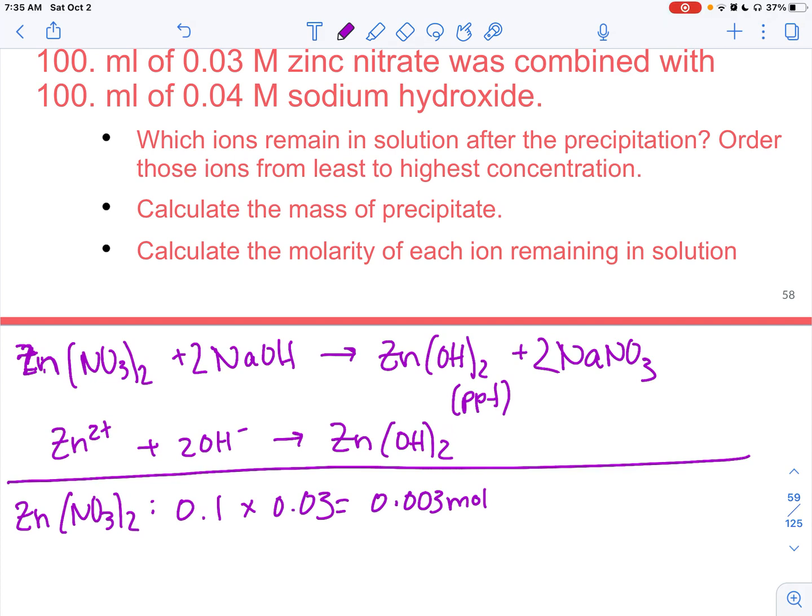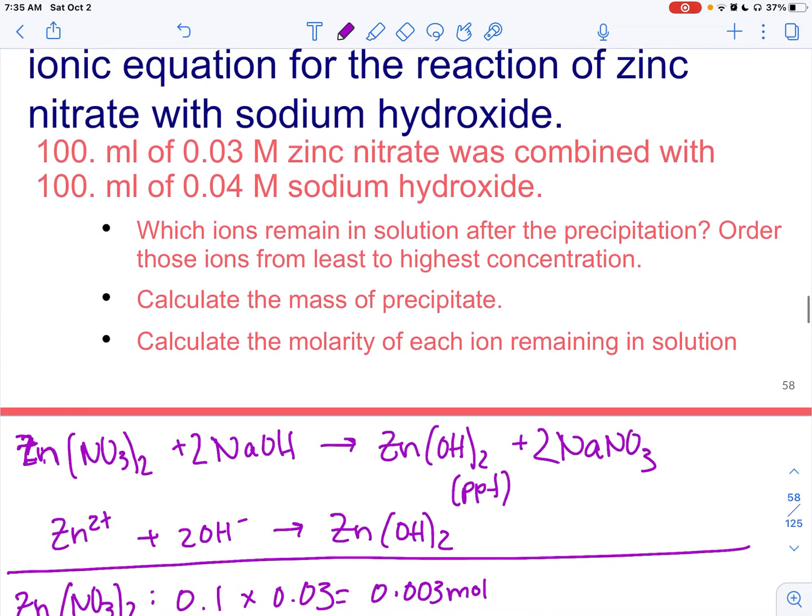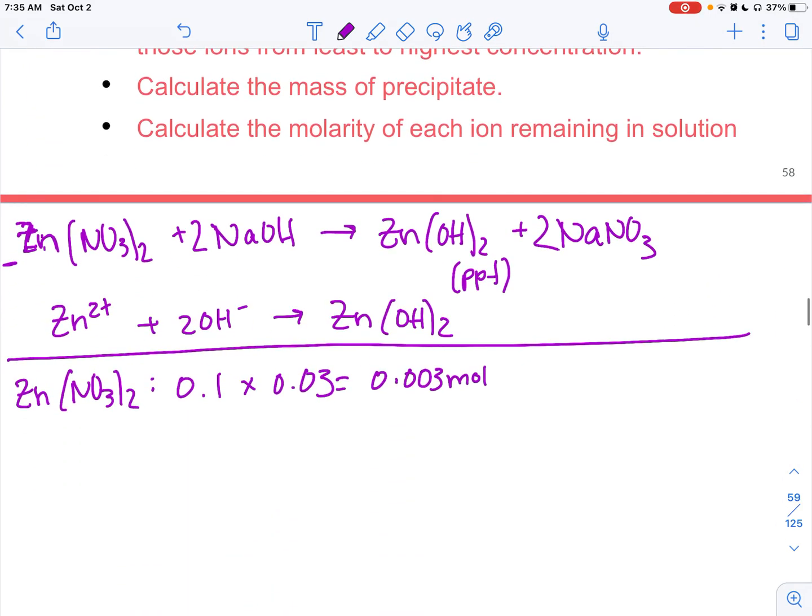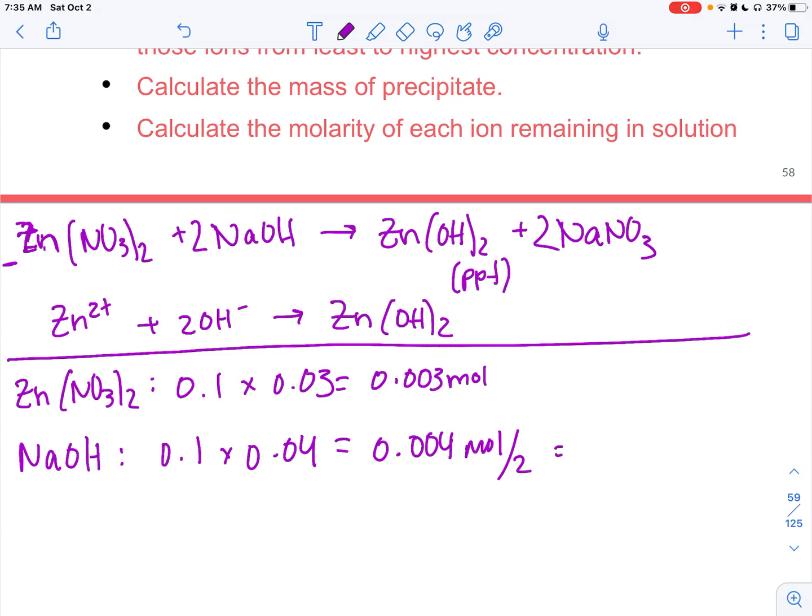We divide by the coefficient for limiting reagent, but here our coefficient for zinc nitrate is 1, so we can leave that alone. Then we're going to do NaOH, which we do our 0.1 liters times our molarity, gives us this many moles. We divide by the coefficient, and we get this. So that means NaOH is our limiting reagent.